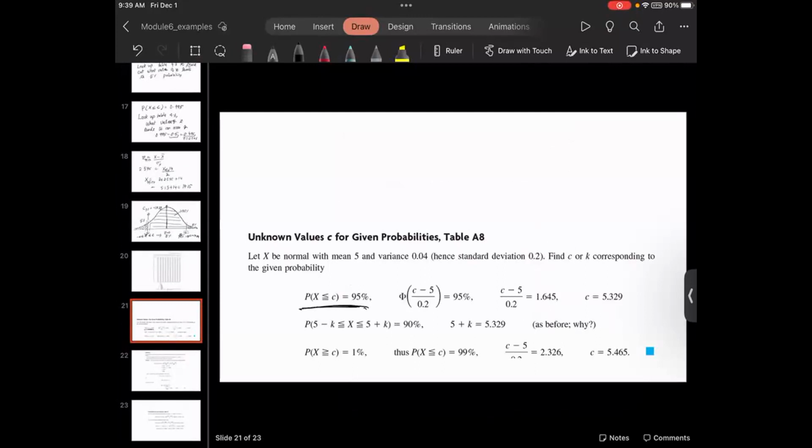This problem asks you to compute the value of c such that the probability is 95%, where x has a mean of 5 and a variance of 0.02, so the standard deviation is 0.2. If you do this example on your own later, here are the values you can compare with to cross check your answer.